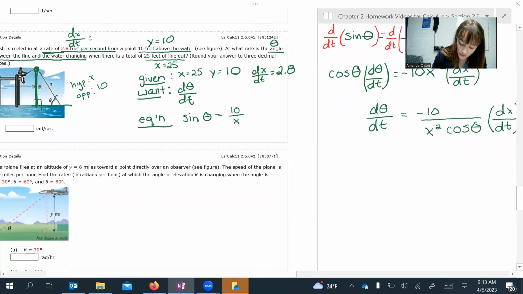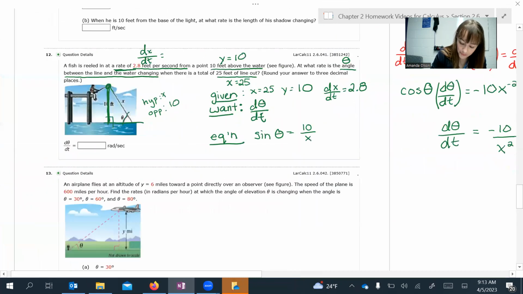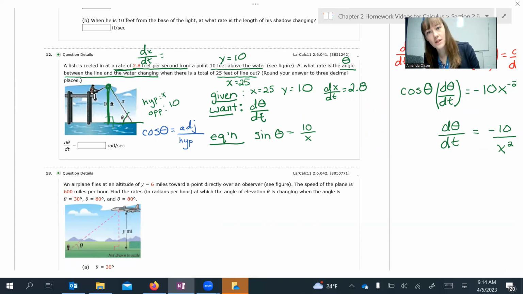Okay, so we know that we have this right triangle, and we know that cosine of theta is going to be equal to the adjacent over the hypotenuse. Now, we're not given any information about the adjacent and hypotenuse, but we could find the adjacent because it is a right triangle and we know x.